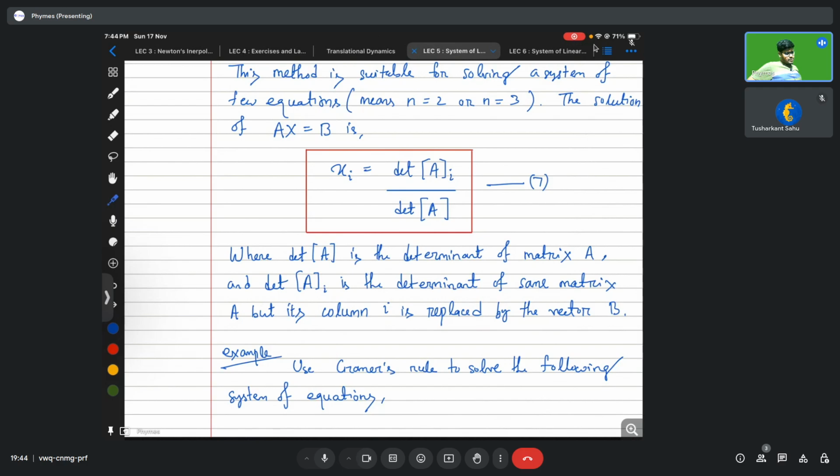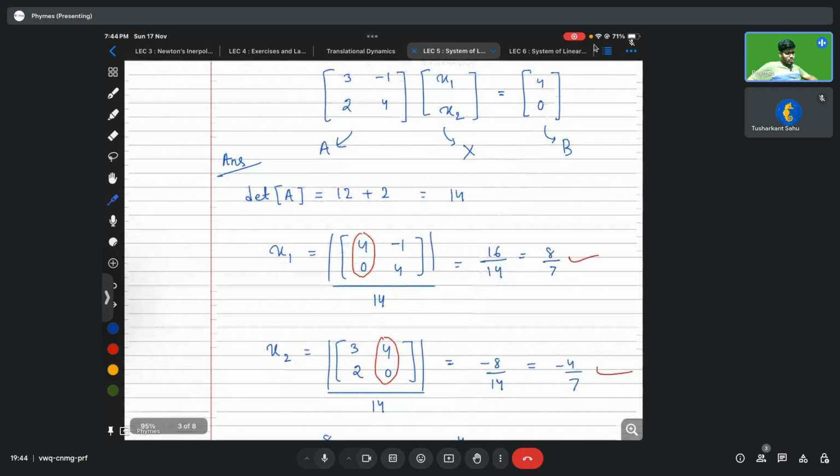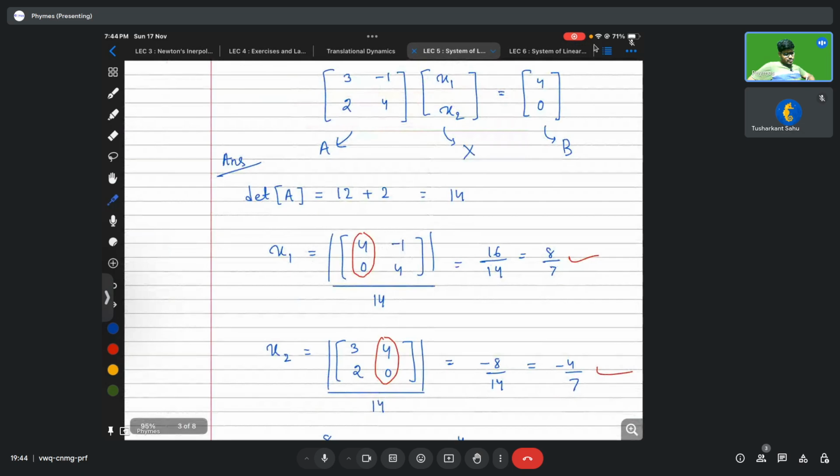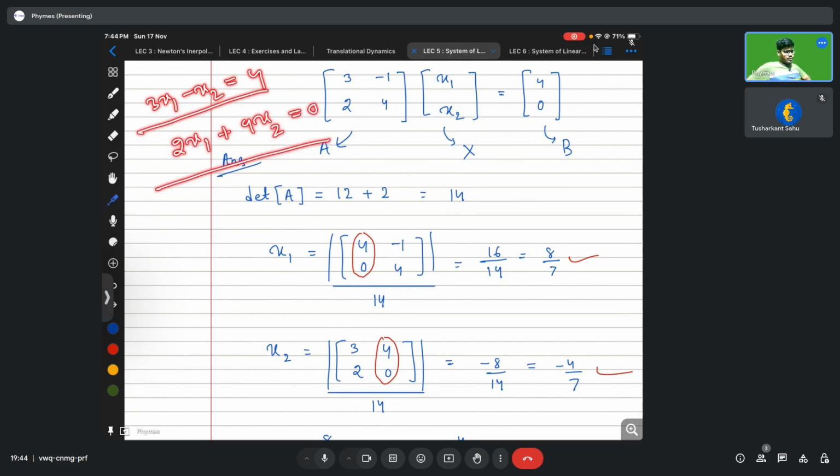So, let's use Cramer's rule to solve this system of equations. Explicitly I can write them as 3x1 minus x2 equals 4, and 2x1 plus 4x2 equals 0, right?